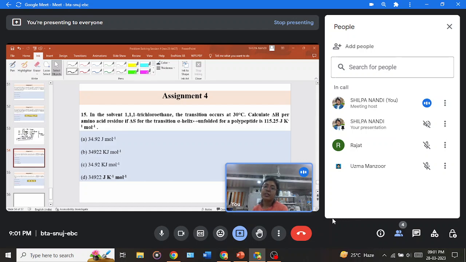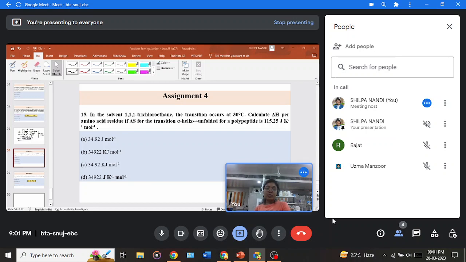Now you have to calculate the delta H, that is the enthalpy per amino acid residue, if your delta S, that is the change in entropy for the transition from alpha helix to unfolded for a polypeptide, is 115.25 joule per Kelvin per mole. So the delta S from question number 14 is given in this question, and now you have to find the delta H.